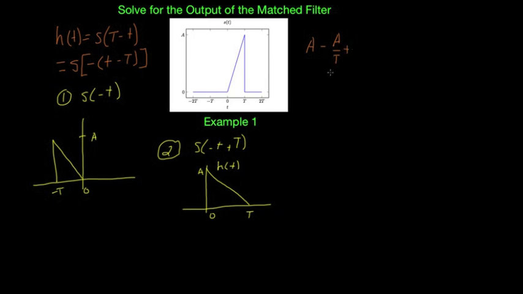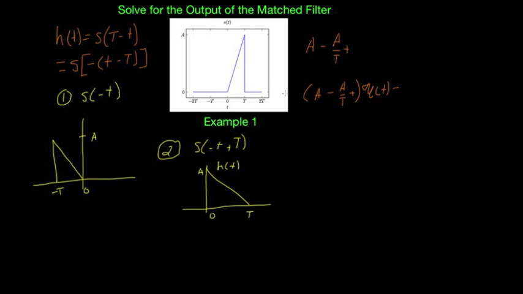And just as we did previously for s of t, we are going to multiply this function times a unit step for when it turns on and for when it turns off. At the time that the function turns on, we add it into our equation, and at the time that the function turns off, we subtract it out of our equation. Since our h of t function turns on at time t equals 0, we take this a minus a over capital T times little t, and multiply it by u of t.